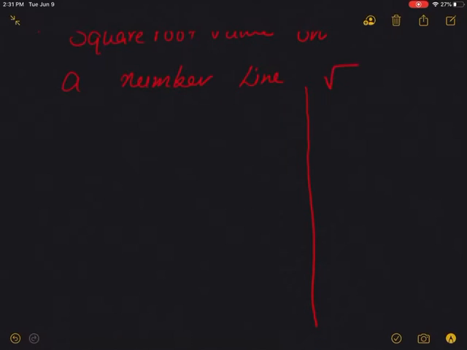So square root of 1. What is the number? It's 1. Square root of 4. So I'm looking at all perfect squares I have. I'm just going to make a list for you guys. Square root of 4 is 2. Square root of 9 is 3. 16, 4. 25 is 5.